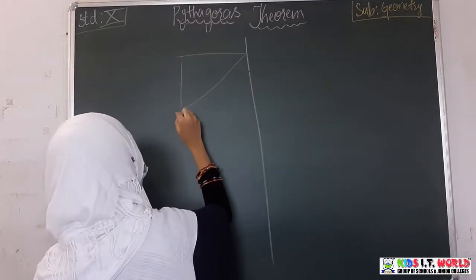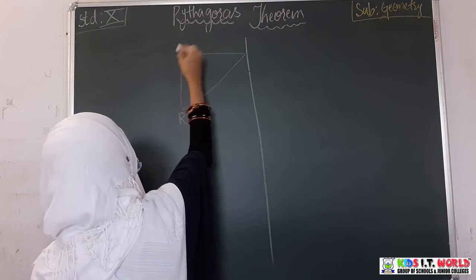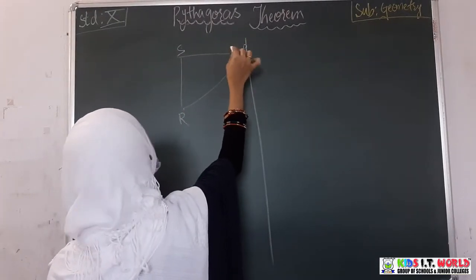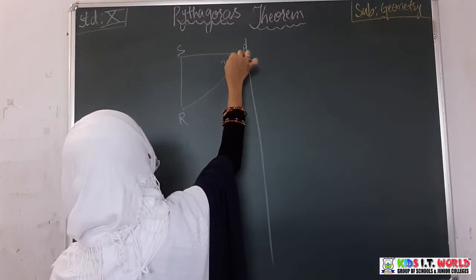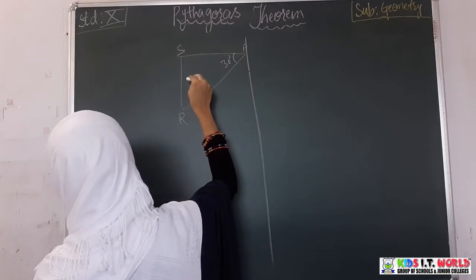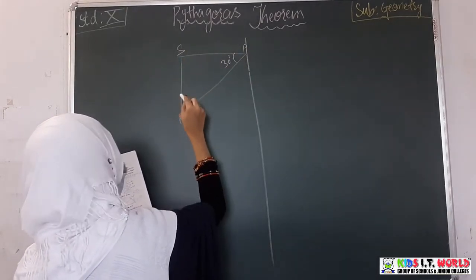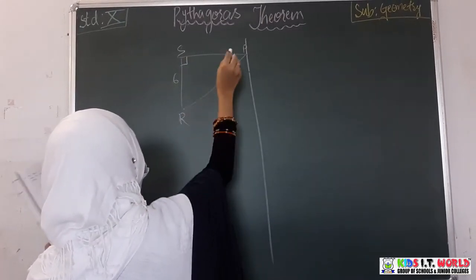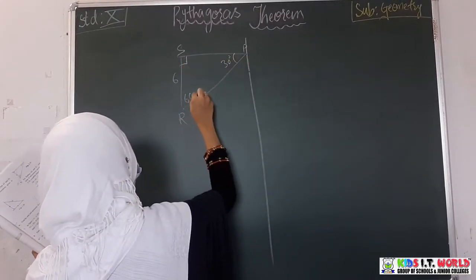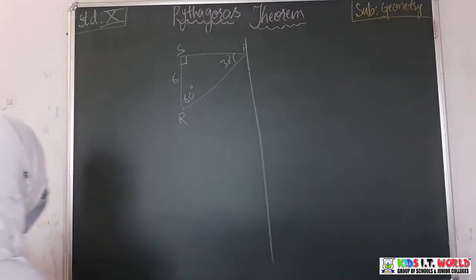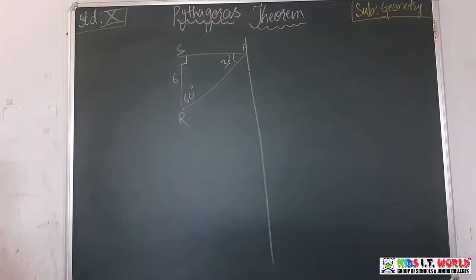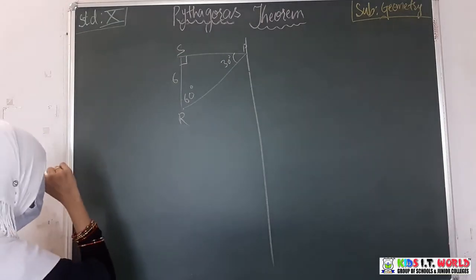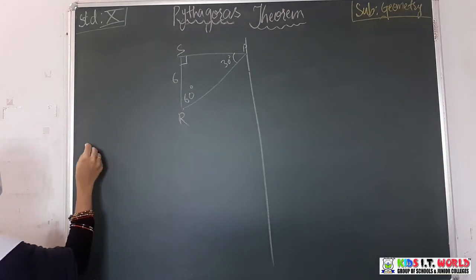Angle S is of 30 degrees and side SR is 6, and angle P is 90 degrees. Obviously the remaining angle is 60 degrees.